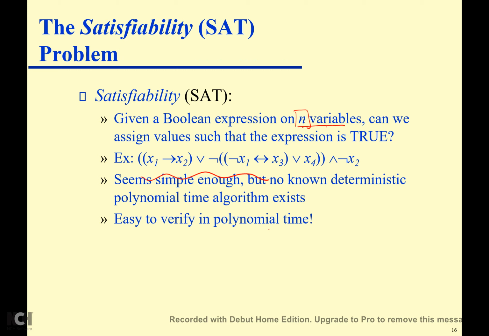It seems easy enough, but no nondeterministic polynomial time algorithm is known to solve it directly, though it is easy to verify in polynomial time. Given an instance of these n variables, a sequence of n Boolean values, you can verify by putting these n input values into the expression.